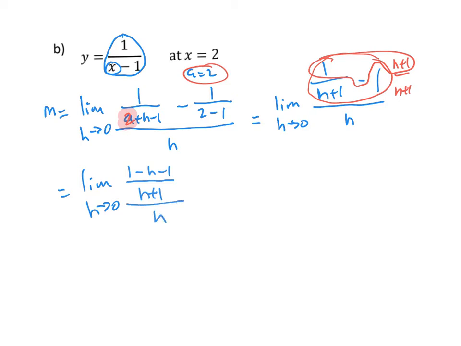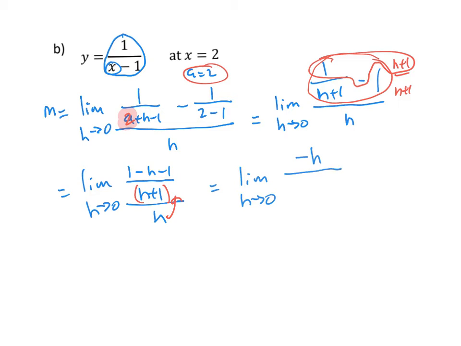And we've talked about how we can simplify the complex fraction by scooching this h up next to the h plus 1. So we've gotten rid of the complex fraction, and we're almost ready to finish this limit up here. Do you agree also that 1 minus h minus 1 is just negative h?